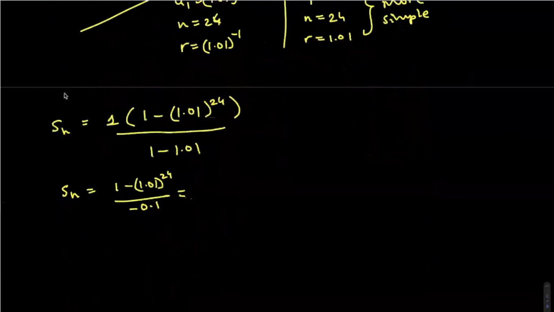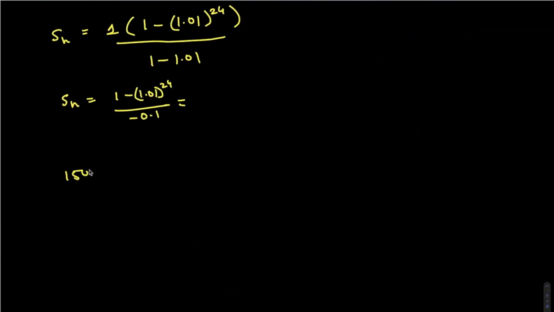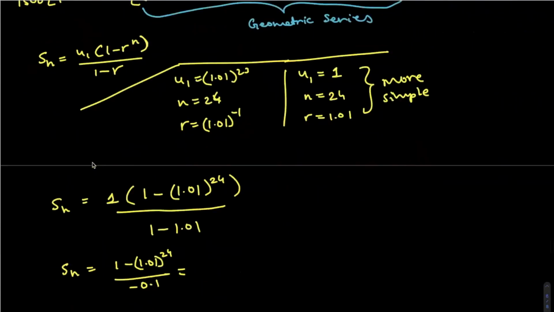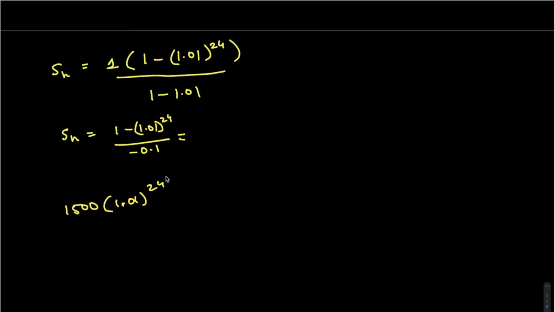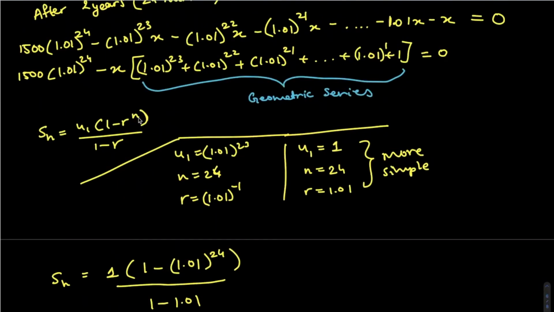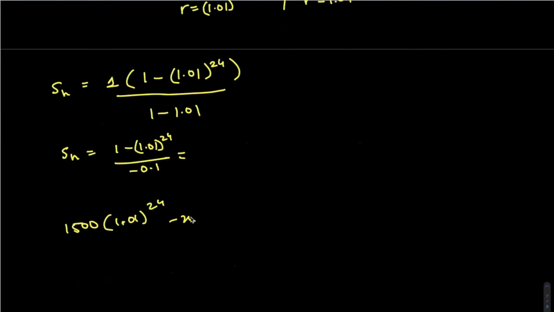So I'm going to get 1500 into 1.01 raised to the power 24 minus x. And I'm going to make a few adjustments here. I'm going to swap the places around, and multiply the numerator and denominator by minus 1. So I'm going to get 1.01 raised to the power 24 minus 1 upon 0.1.